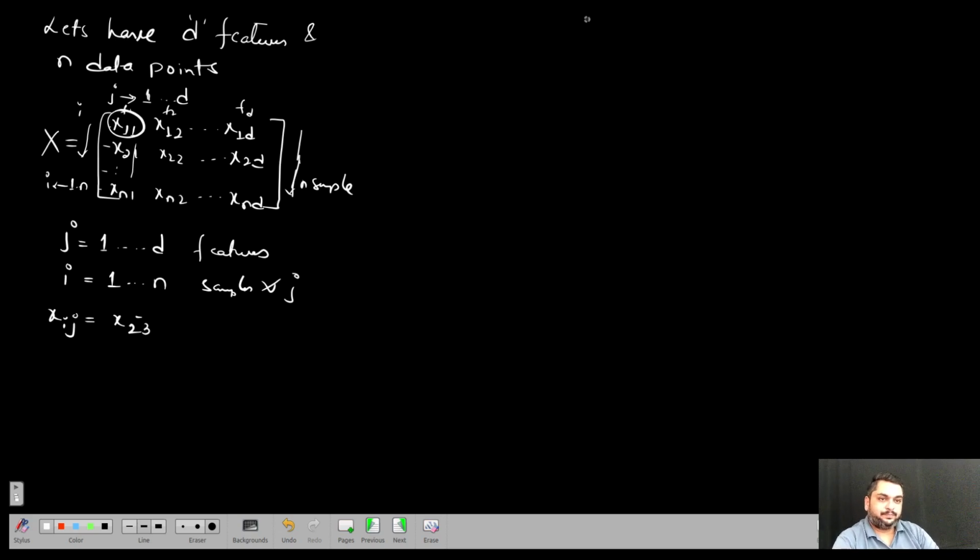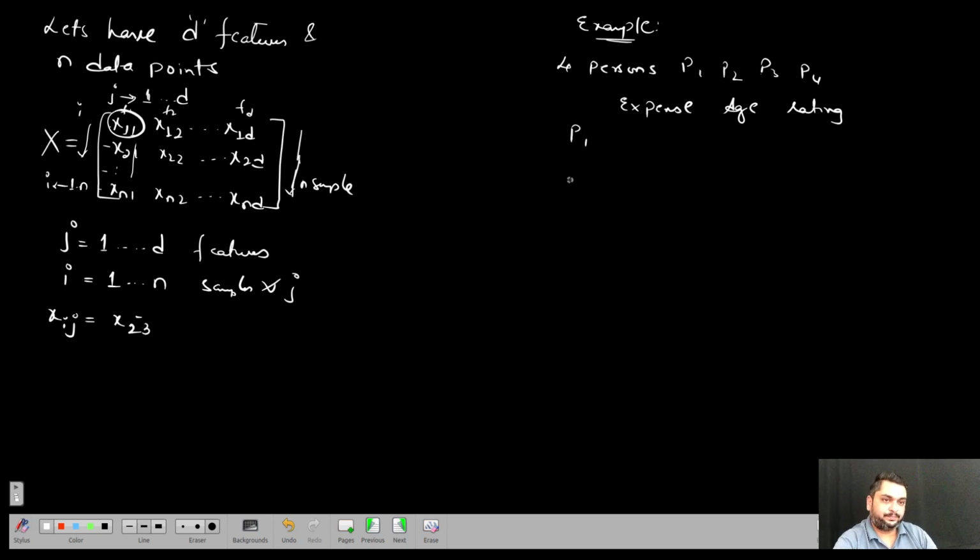Okay, so let's take an example side by side to understand it in a better way. Suppose I am given data of 4 persons, say P1, P2, P3, P4, and 3 features for each person: his expense amount, his age, and his rating. These are the 3 features.